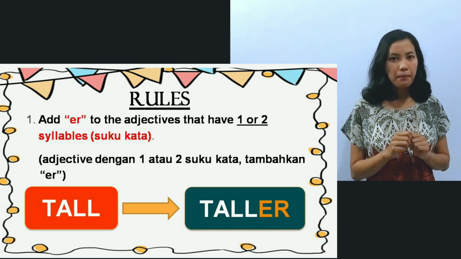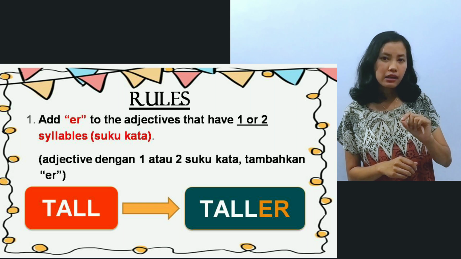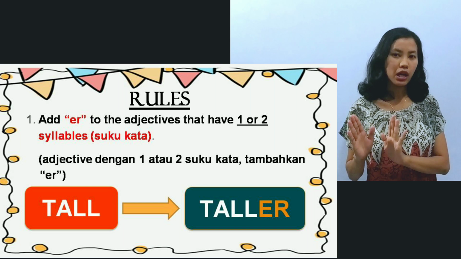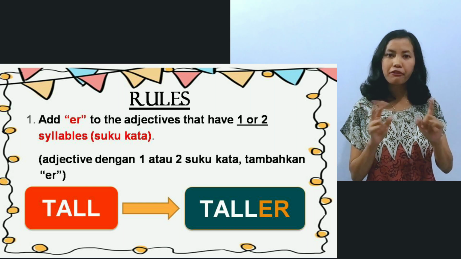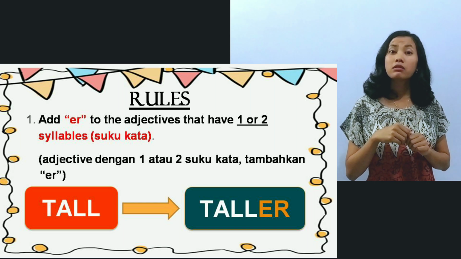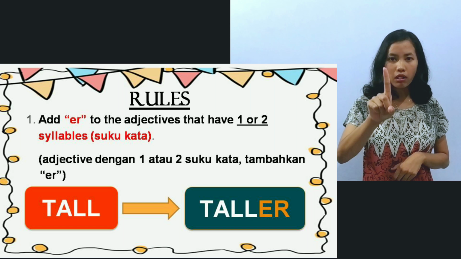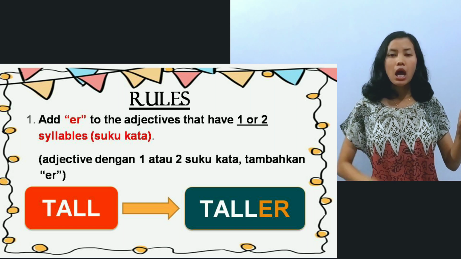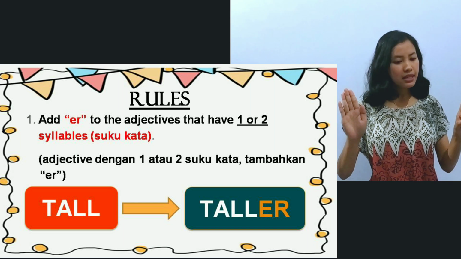Jadi kita akan menambahkan er atau di belakang kata sifat yang mempunyai 1 atau 2 suku kata. For example, I have tall. Tall has 1 syllable. Tall. So, tall becomes taller.